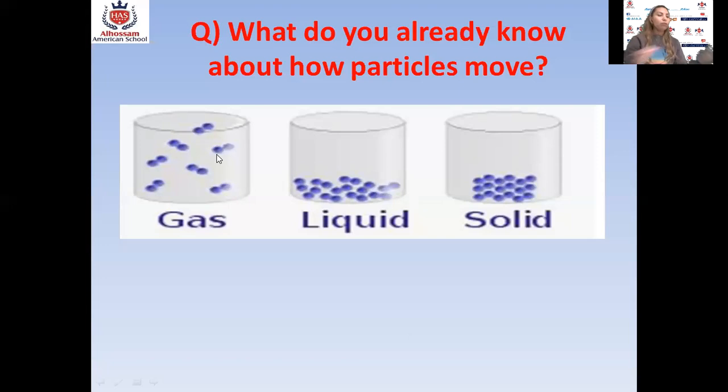Like my phone now, it's solid. The particles move slowly at their place, but can vibrate without moving from their place.